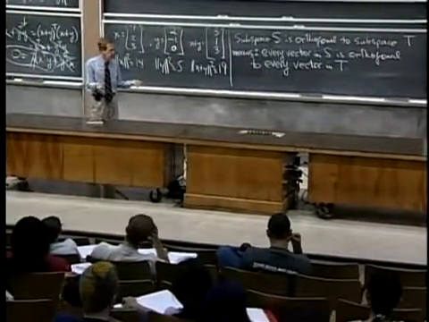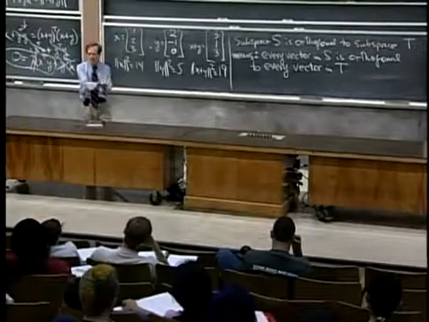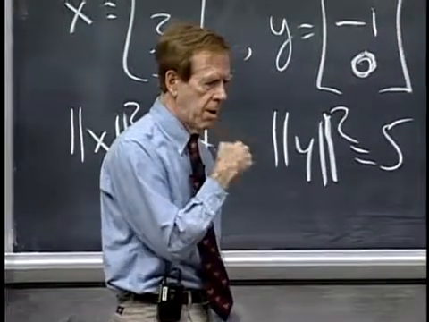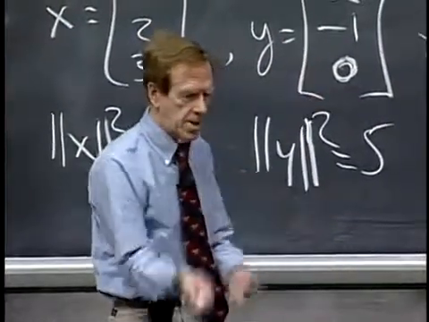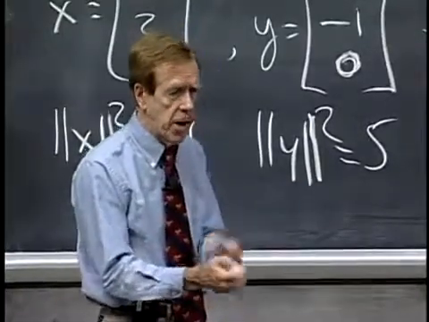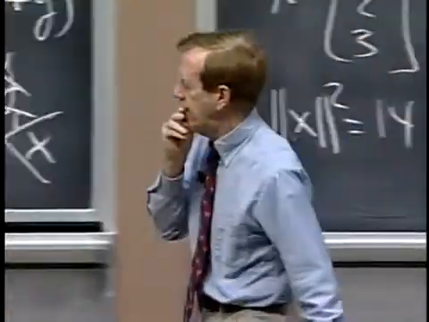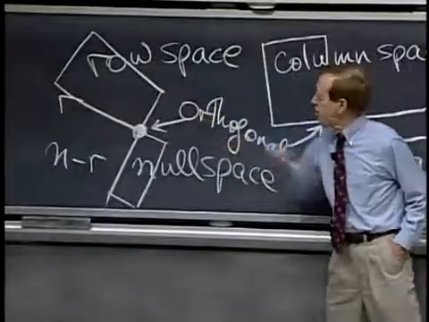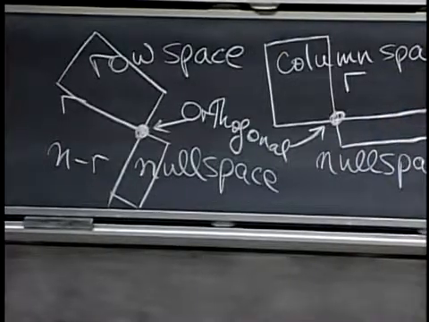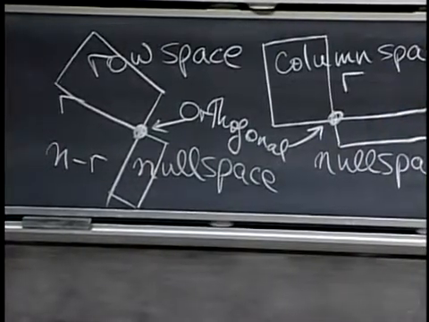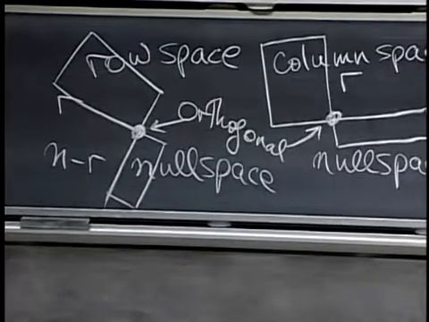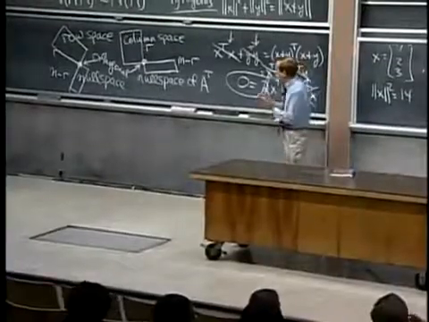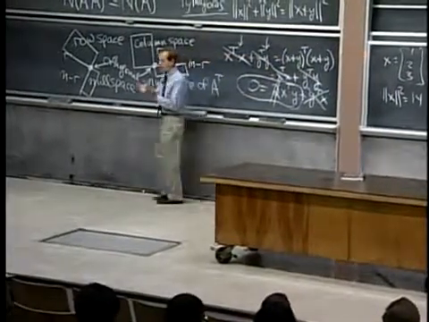Look, if two subspaces meet in some vector, well then for sure they're not orthogonal because that vector is in one and it's in the other and it's not orthogonal to itself unless it's zero. So for me to say these two subspaces are orthogonal, first of all, I'm certainly saying that they don't intersect in any non-zero vector. But also, more than that, just not intersecting isn't good enough.